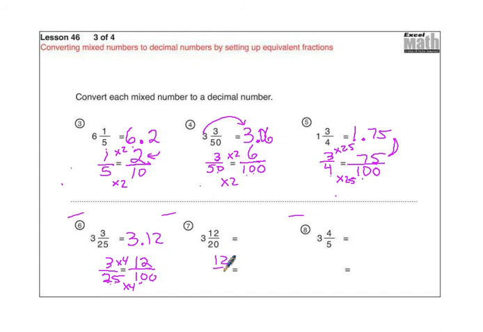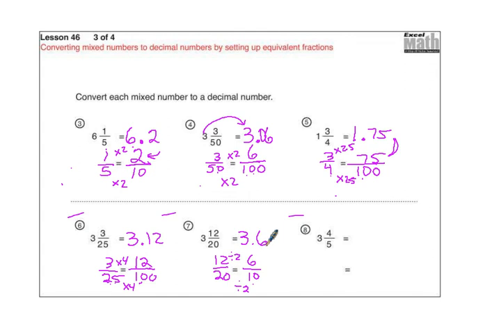Here's 12/20ths. Can we change 20 to 10? Yes, we can. 20 divided by 2 is 10. Can we divide 12 by 2? Oh, yes, we can. 12 divided by 2 is 6. Now, I bet some of you changed this into hundredths, and you're going to basically get the same answer that I'm going to get, but this is a way that probably makes a little bit more sense. 3.6.